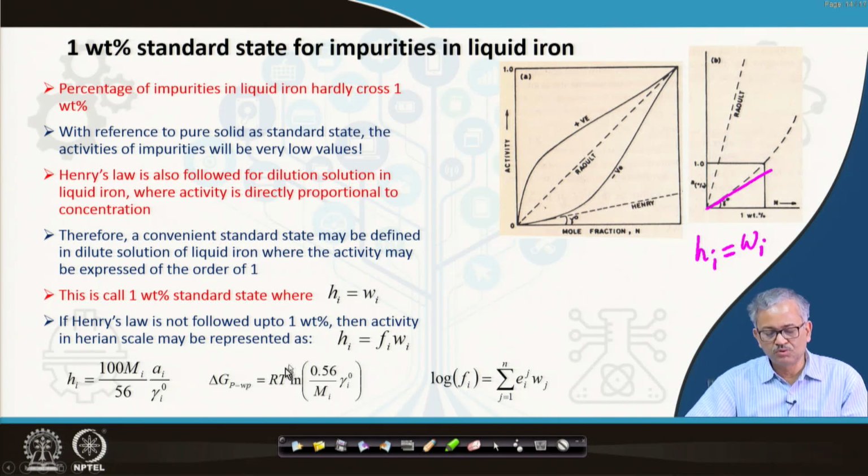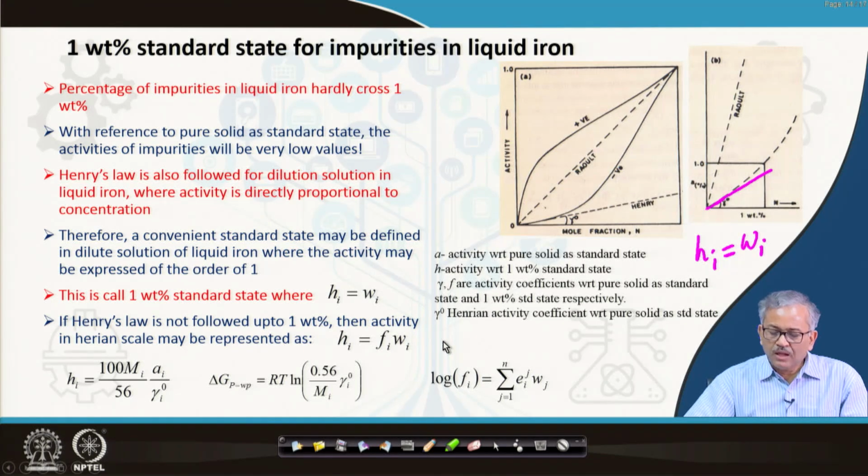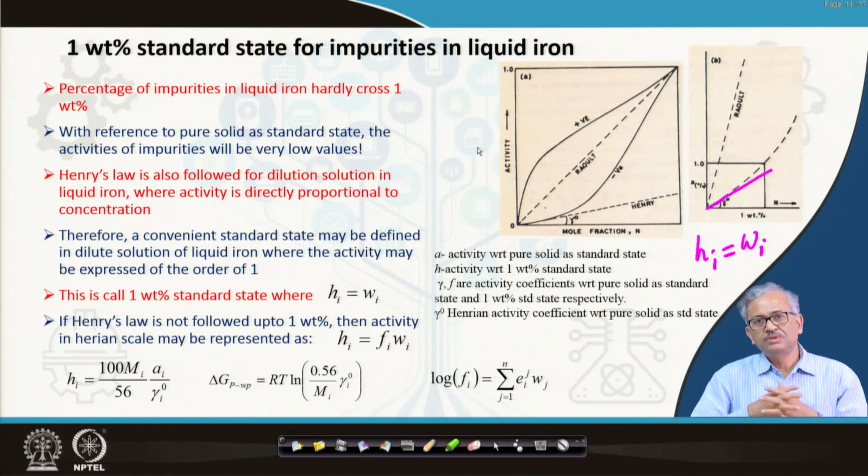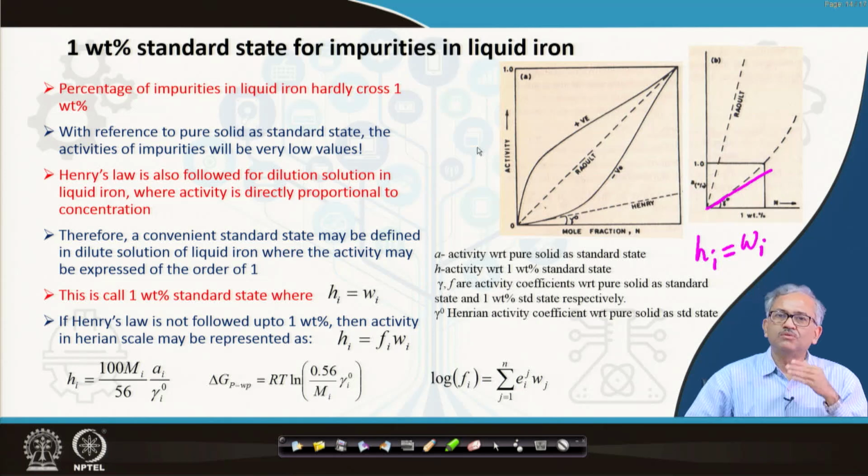So, in short, it is very difficult to represent the activity of impurities on the Raoultian scale, with respect to the pure solid at the standard state. If you represent it that way, the value will be very small, maybe of the order of 10 to the minus 4, 5 like that.